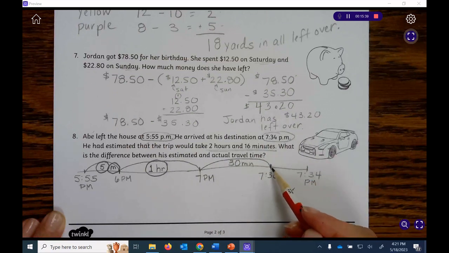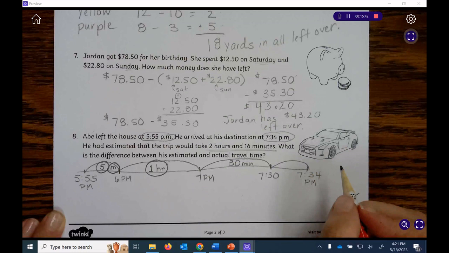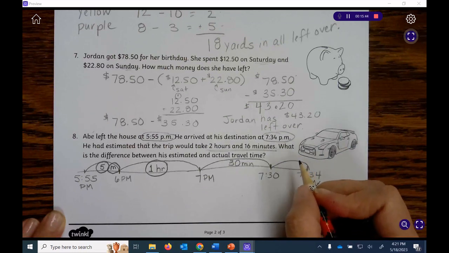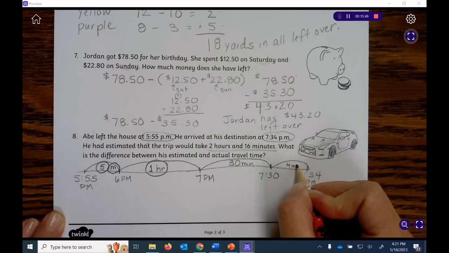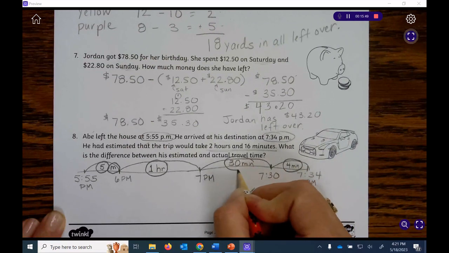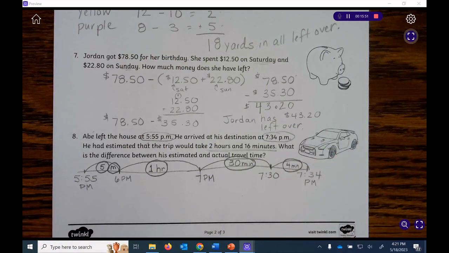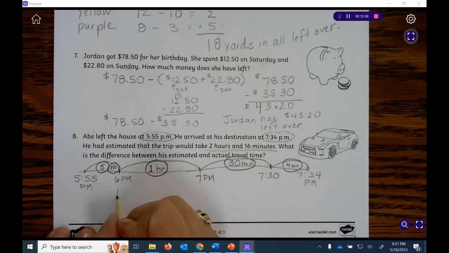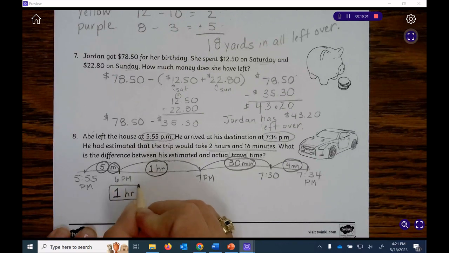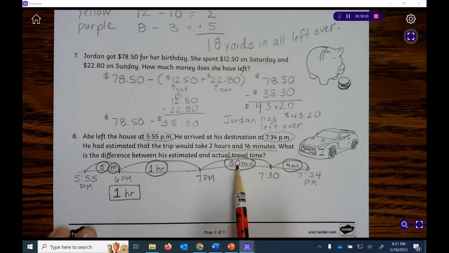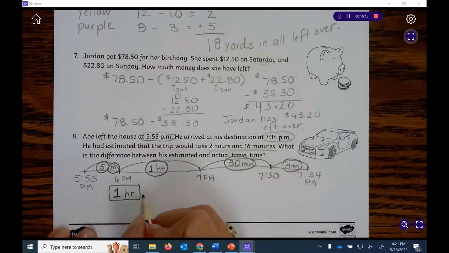And then I'm going to jump from 7:30 to 7:34, which will be 4 minutes. Now you would add the hours and minutes. So I have 1 hour here. And then I have 30, and I have 5, and I have 4. So 5 minutes plus 4 minutes is 9 minutes, plus 30 is 39 minutes.